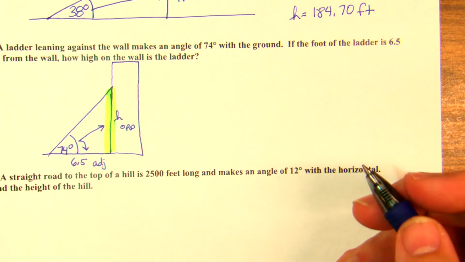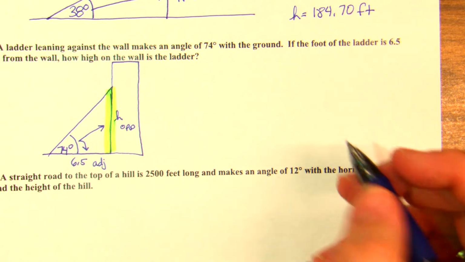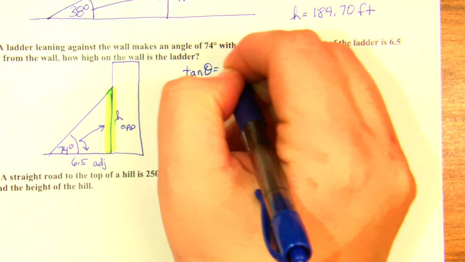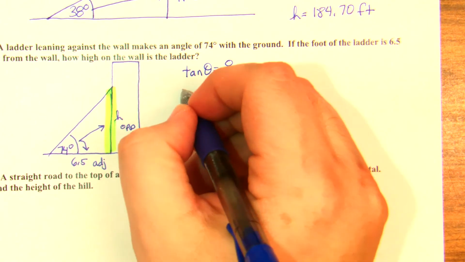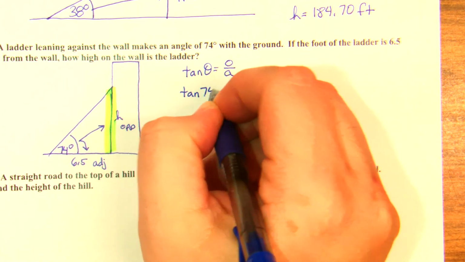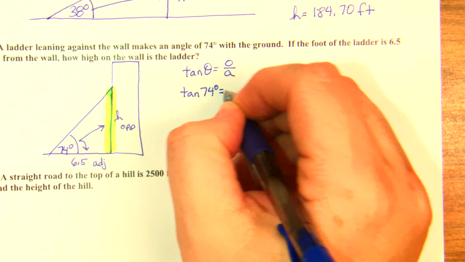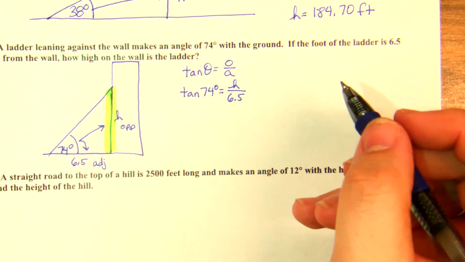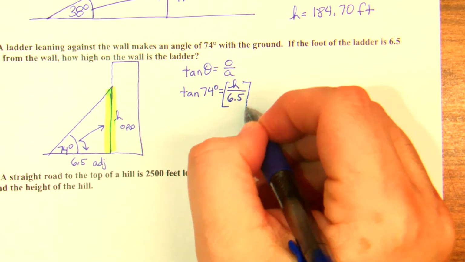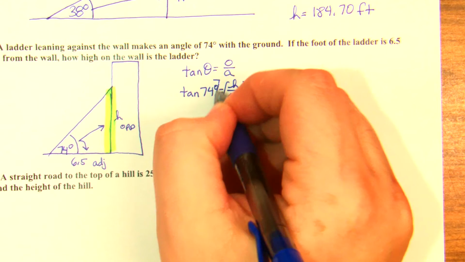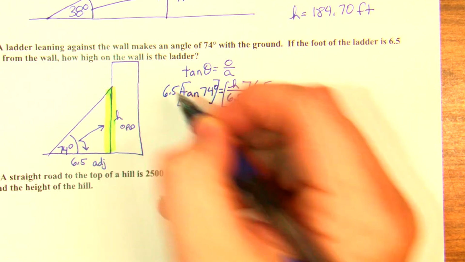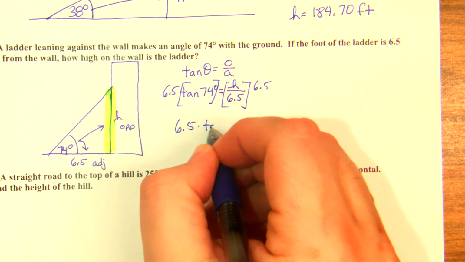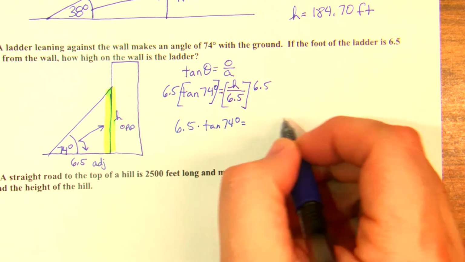The tangent of the angle is the opposite over the adjacent. So in this case, the tangent of 74 degrees is going to be equal to the opposite over the adjacent, which is 6.5. Do some algebra here. So we get 6.5 times the tangent of 74 degrees, which is h.